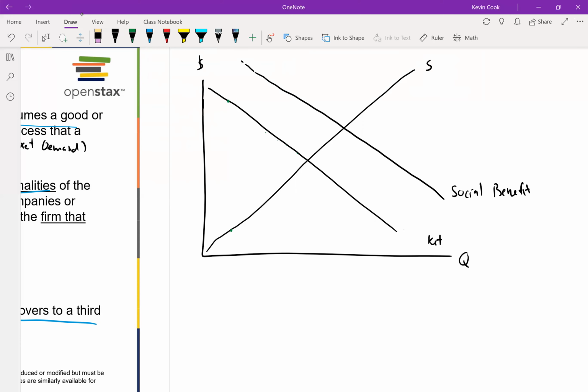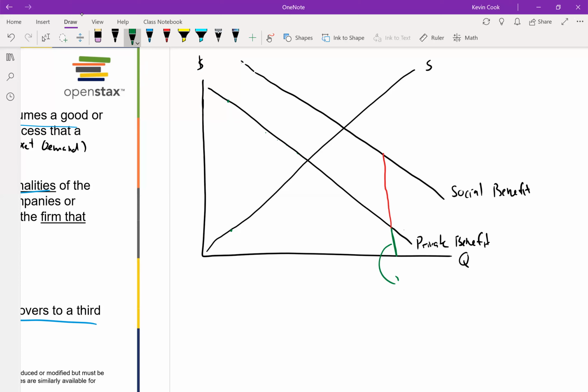And then down here, instead of calling it the market demand for now, we are going to call this the private benefit of consuming the good. And just like with the negative externalities, if I were to look at one individual point, I'd have something here, and then something here.